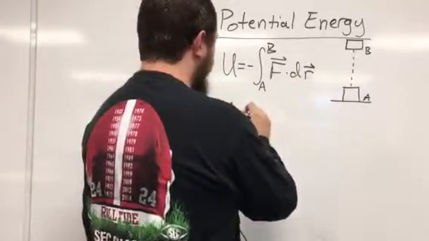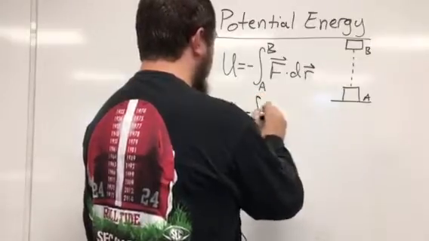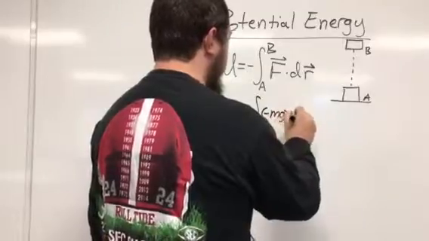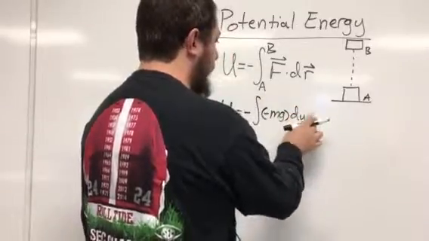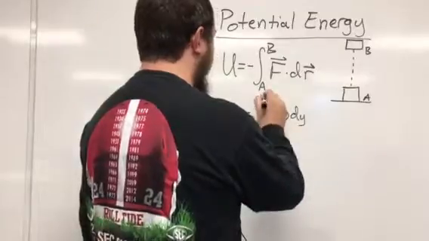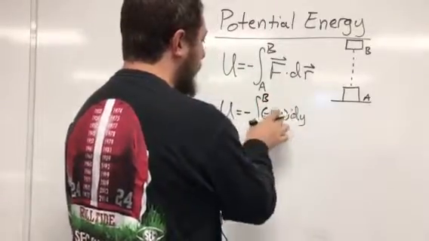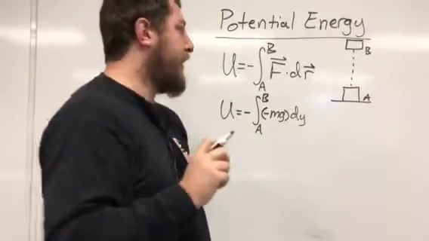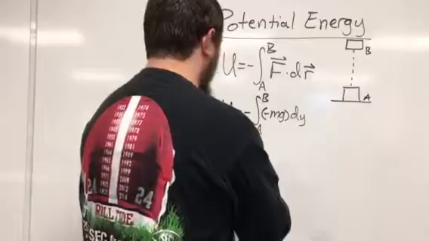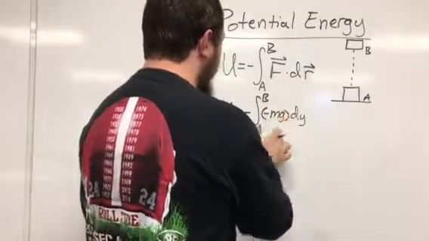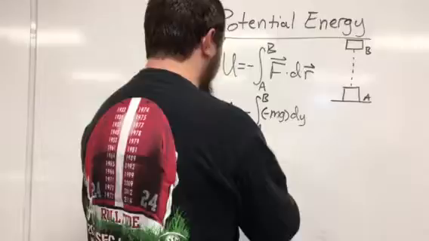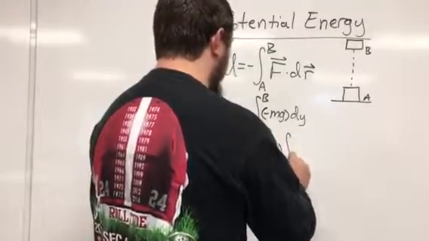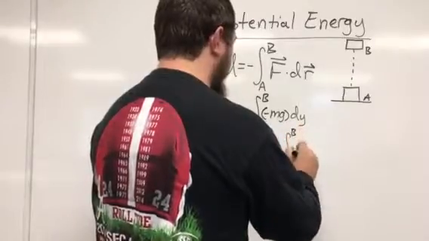This becomes minus the integral of negative mg dy, since we're now moving in the vertical direction from A to B. My force mg, especially over small distances compared to the radius of the Earth, is constant, so I can move it out of the integral, and I'm going to get negative mg integral from A to B of dy.